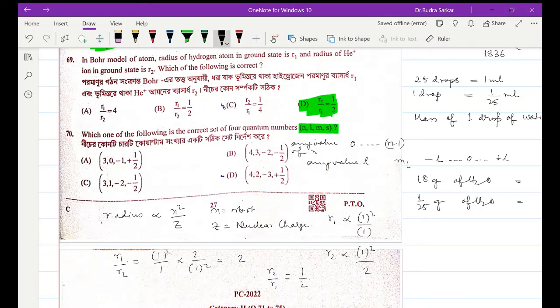So if you look at that way, for 0 l, minus 1 can't be there, so wrong. For 1, minus 2 can't be there, wrong. For 3, yes, minus 2 can be there. And for 2, minus 3 can't be there, so B is the correct option over here.